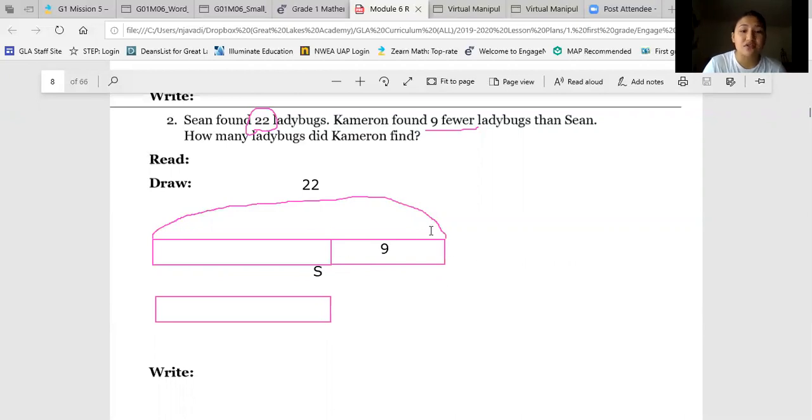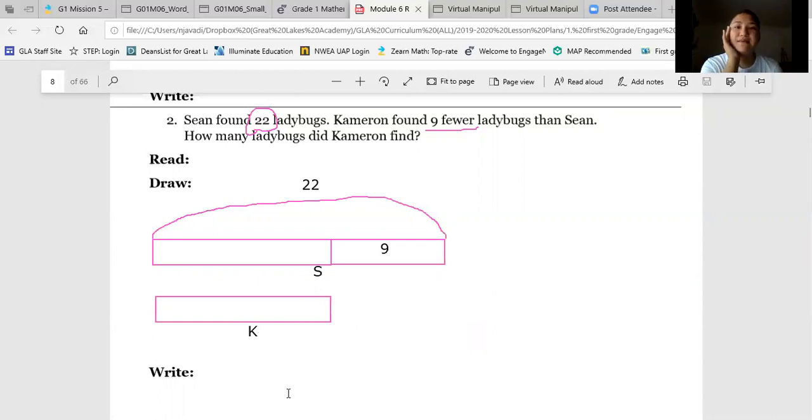It shows me that Cameron did not find these extra 9 ones, and Sean did. I'm also going to label my tape diagram for Cameron with a K so that I don't get confused.